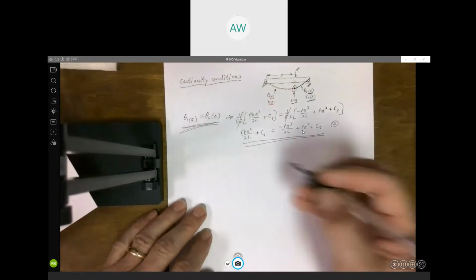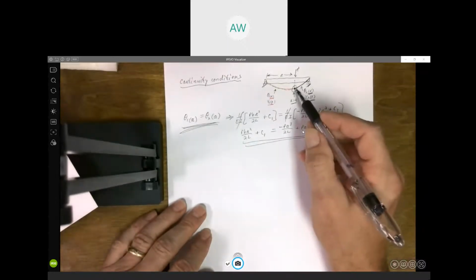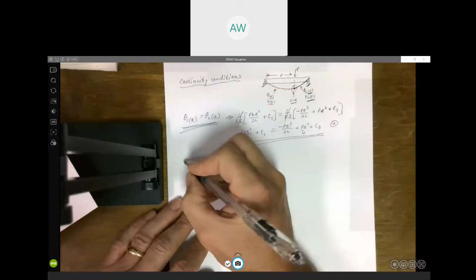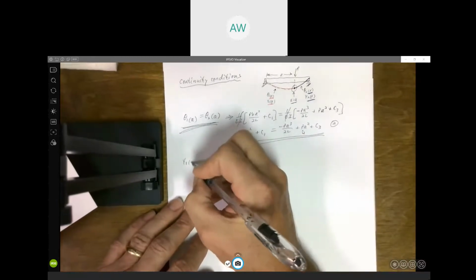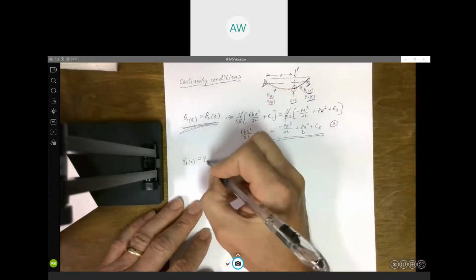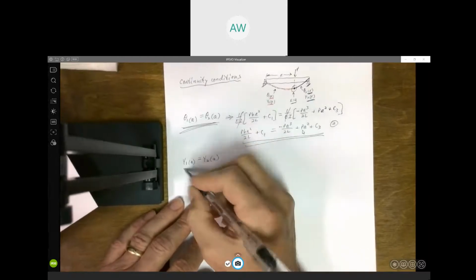And we get that from setting the y values equal to each other at x equals a. So we're going to take y1 when x equals a, and set it equal to y2 when x equals a.